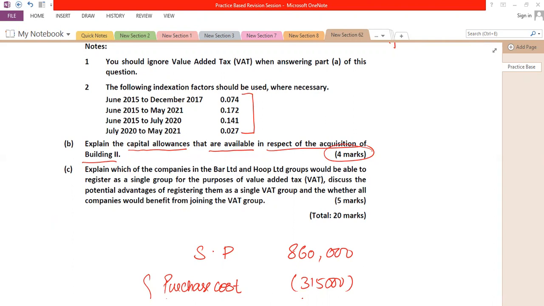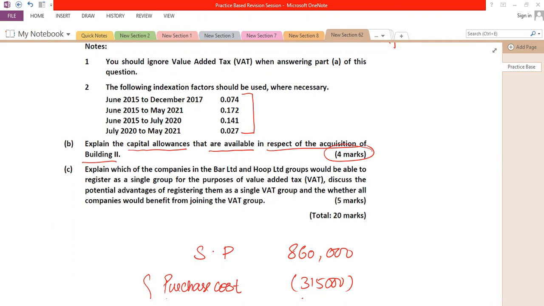What about the electrical and water and heating system? Which kind of capital allowance is available? First of all, it is a special rate pool item.